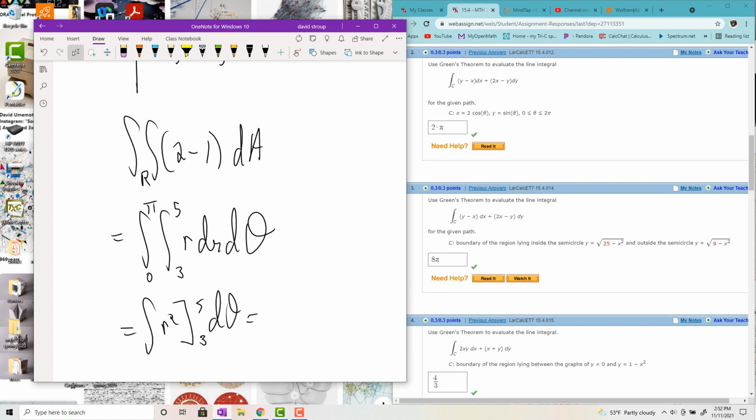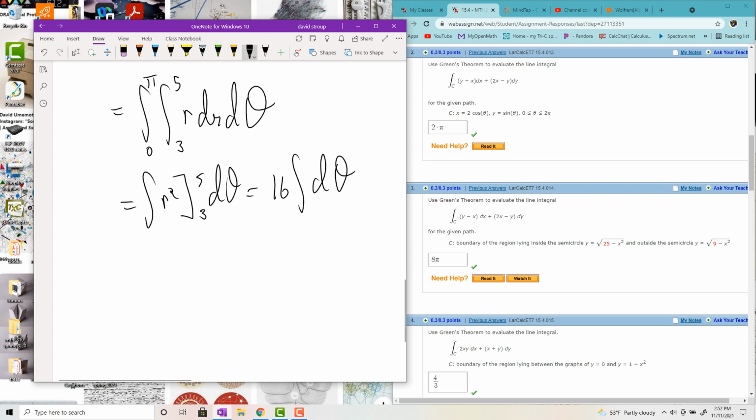That will be 25 minus 9 over 2, so that should be 8. So it'd be 8 times theta evaluated from 0 to pi. So that would be 8 pi. Okay, there it is.